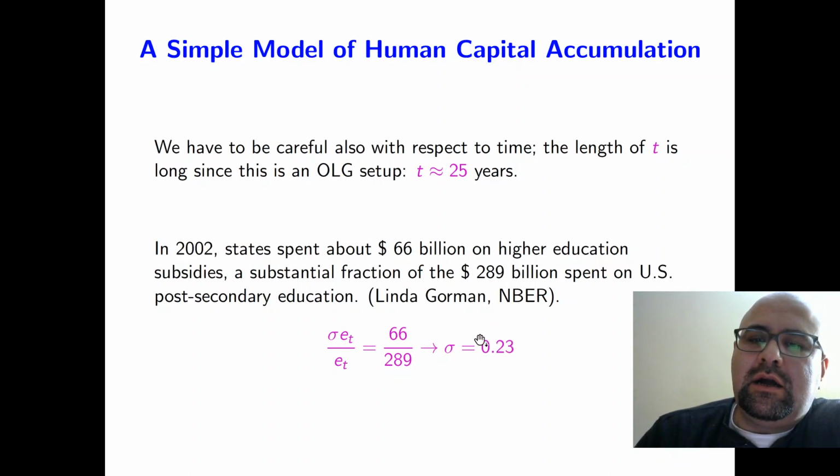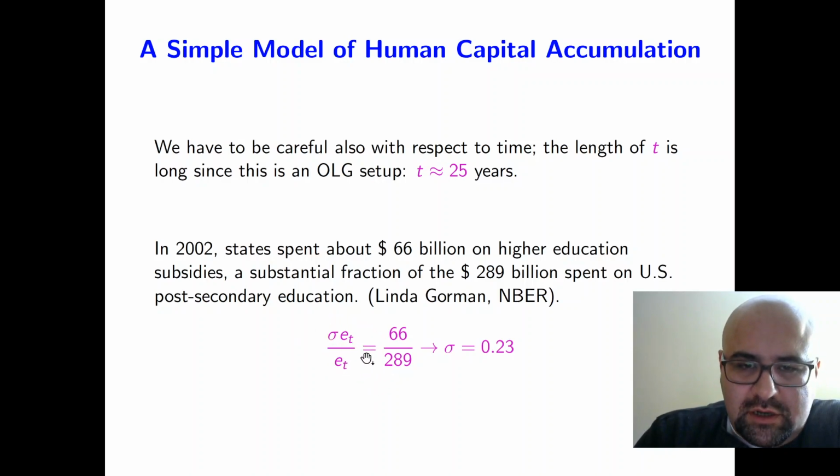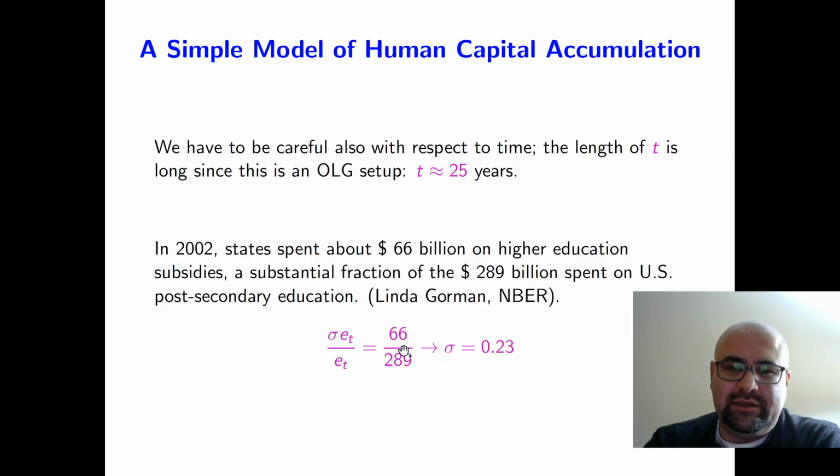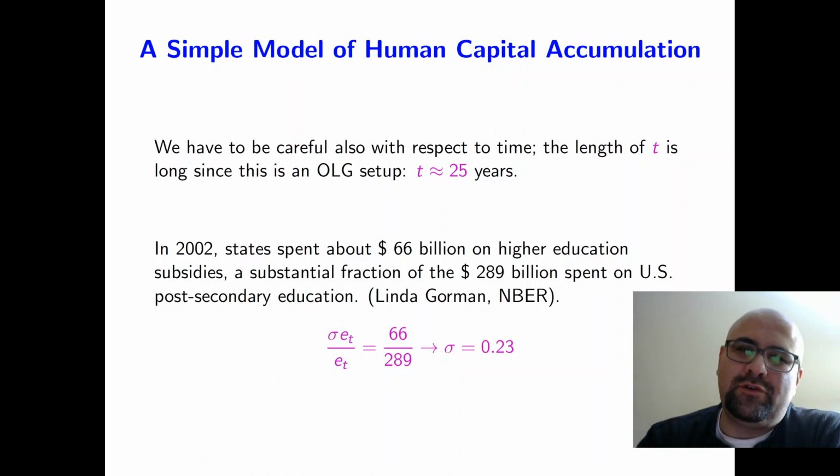That subsidy rate is from a researcher at NBER. The model counterpart is total education expenditure, and within it, the subsidized education expenditure. So that data basically pins down what sigma is. That's good for a toy model that is used for educational purposes.